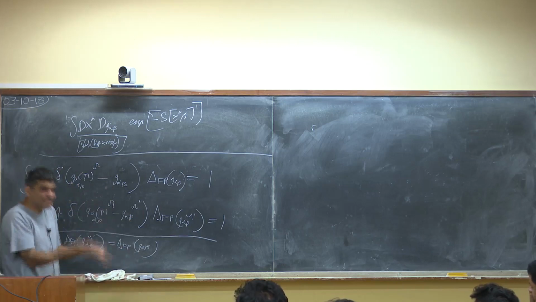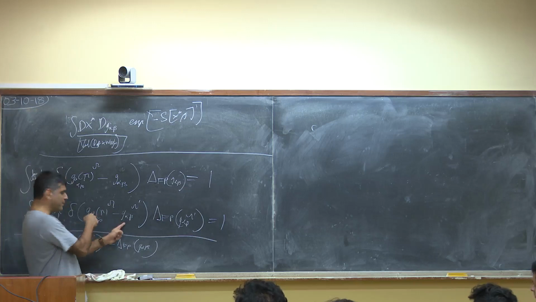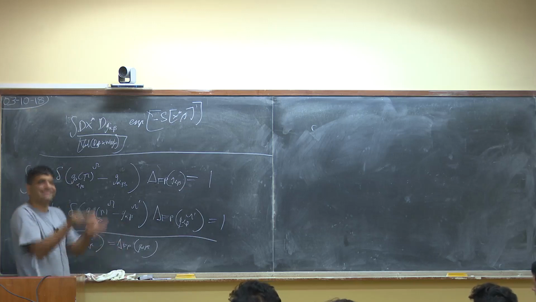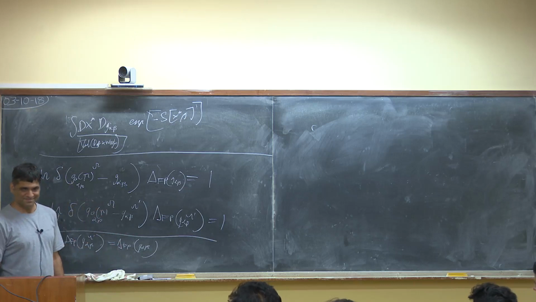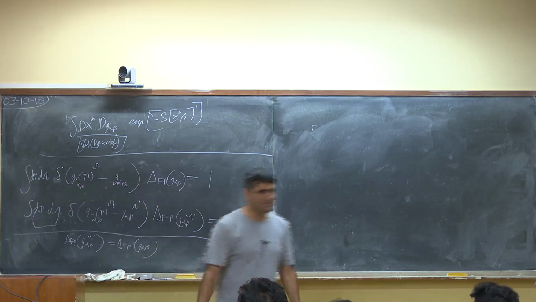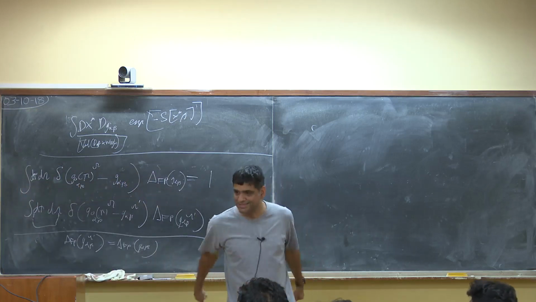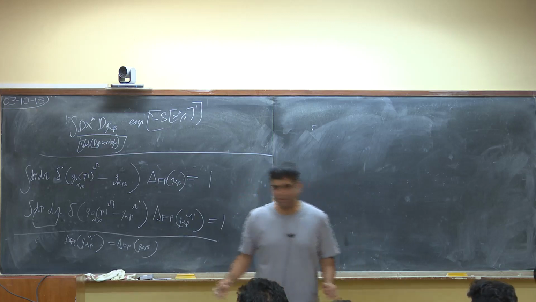Because there exists a value of tau such that g is gauge equivalent to g naught at that value of tau. I don't know what that value is; let's call it tau naught. Whatever it is, there is some tau naught for which it's true.